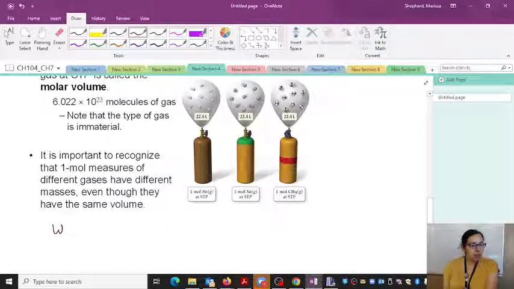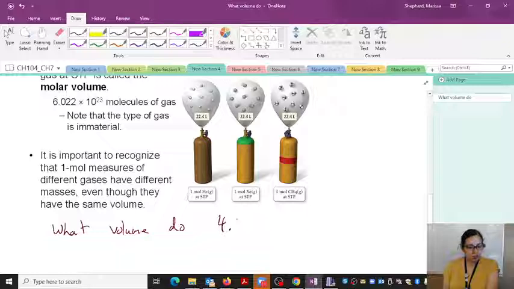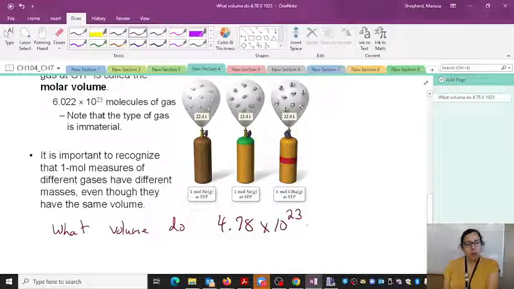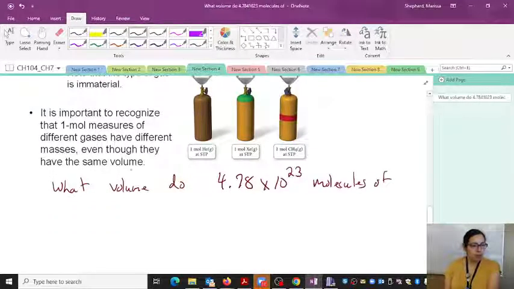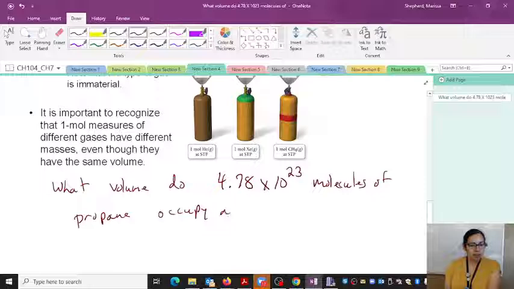So you could say, what volume do 4.78 times 10 to the 23rd molecules of propane occupy at STP?